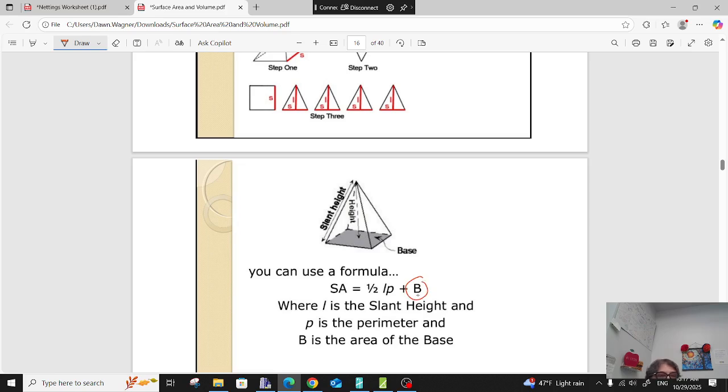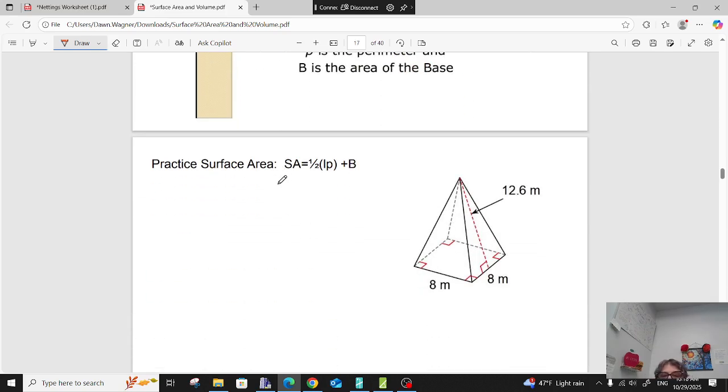Base is capital B. That means area of base. Does not mean one length. It means a calculation. You have to find the area of what it's sitting on. Got it? So let's try it. So here, this is a square base. Do you all agree with that?